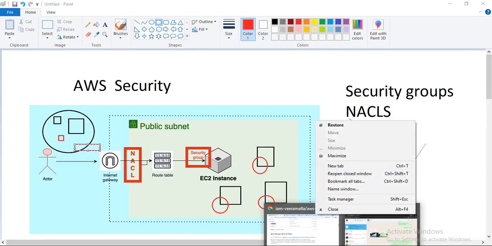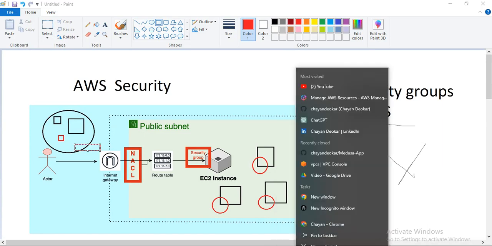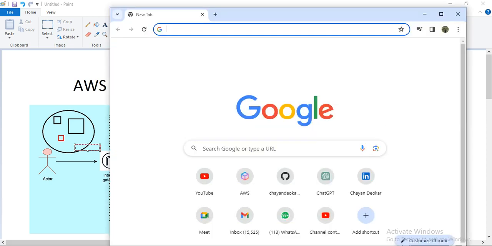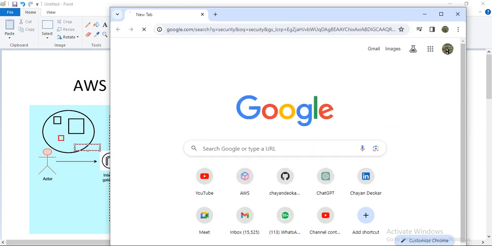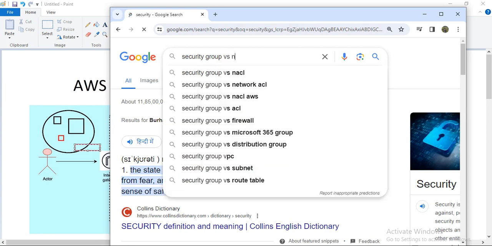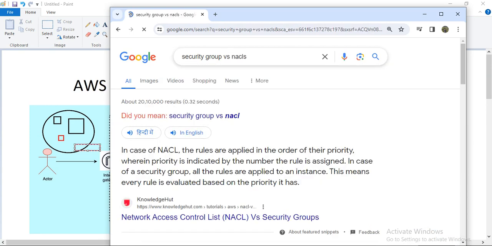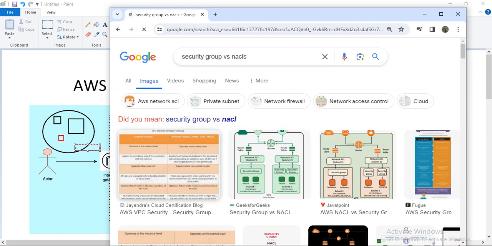Let me quickly open and show you the differences between NACLs and security groups. Security groups versus NACLs: you can go and read some of the major differences, as I just mentioned.